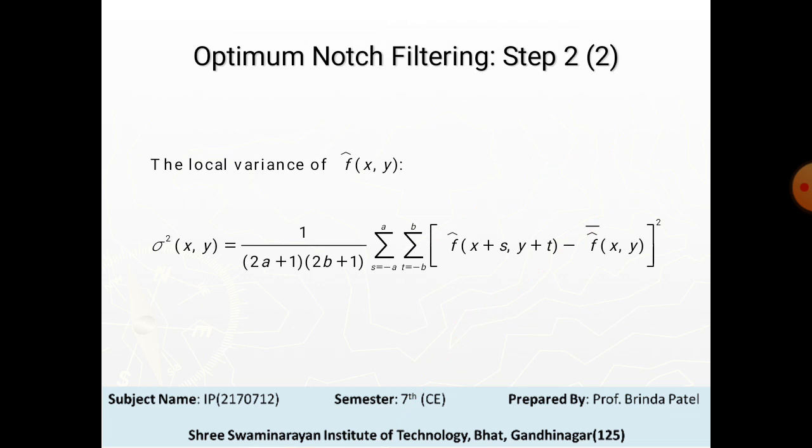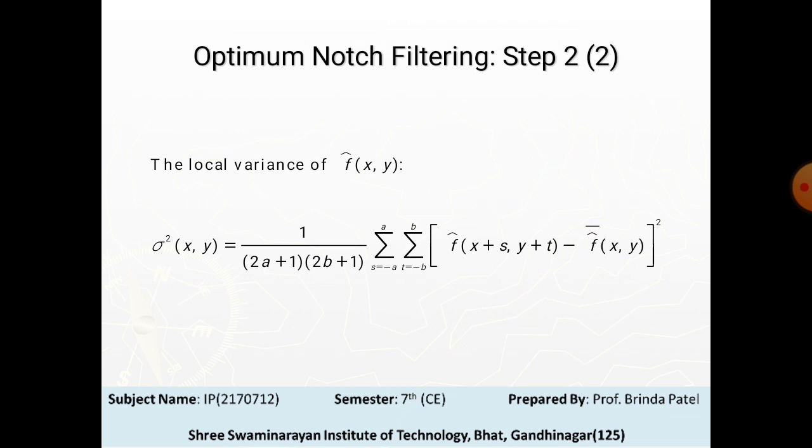So the local variance of f hat of xy at coordinates xy can be estimated from the samples as sigma square of xy equal to 1 upon (2a plus 1)(2b plus 1) times the sum for s equal to minus a to a, t equal to minus b to b of f hat of x plus s, y plus t minus f hat bar of xy, raised to the whole square.